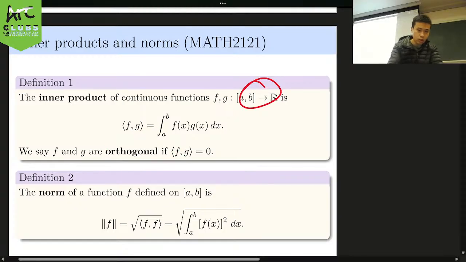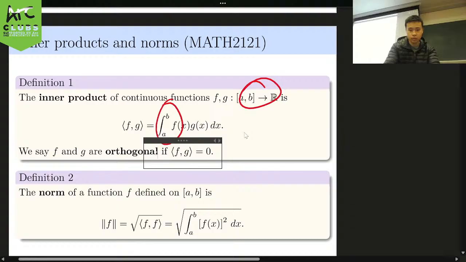And similar to the dot product, when the dot product was 0, we call the vectors perpendicular, or orthogonal. It's a similar notion here, where if the inner product is 0, we're going to call the two functions orthogonal, again over the specified interval that we're defining over.